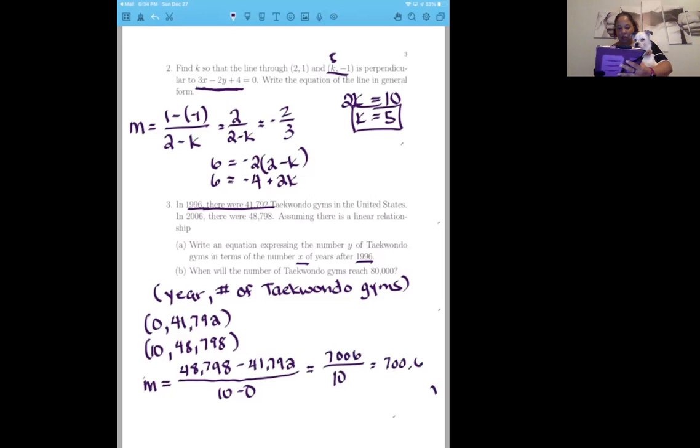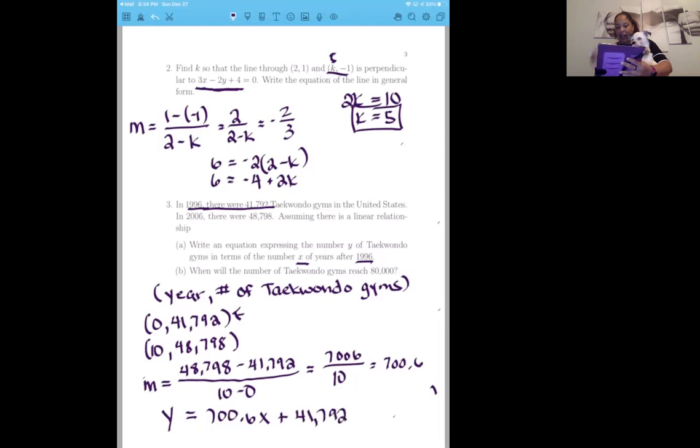Now, I still don't have my function completely. I just have my slope, but I do have my y-intercept. So that's my b, right? So my function is going to be 700.6x. I guess we should call this y for now because that's what they told us. Plus my y-intercept, 41,792.